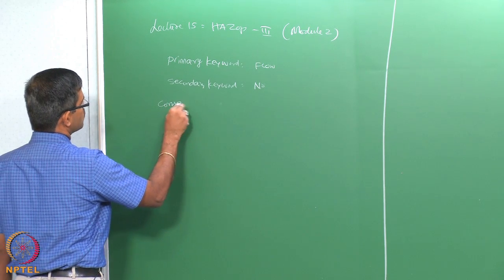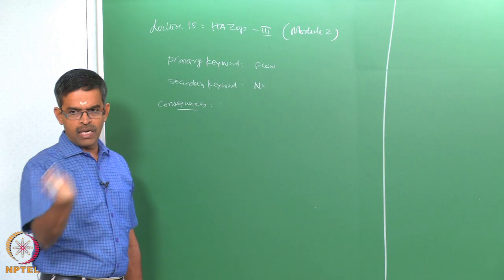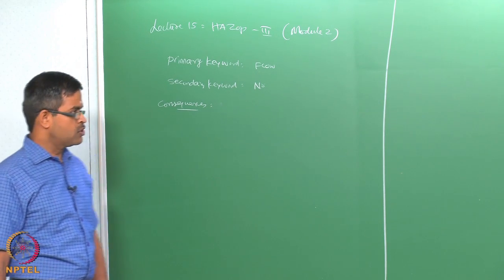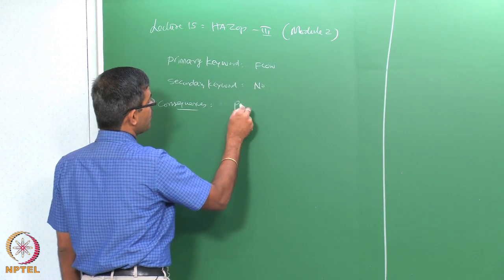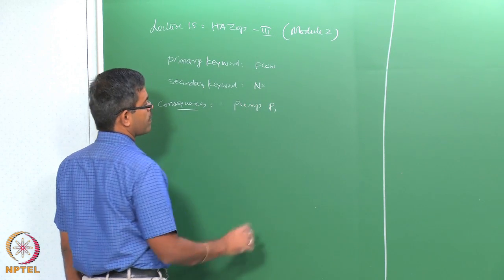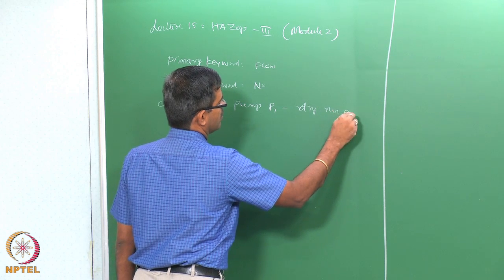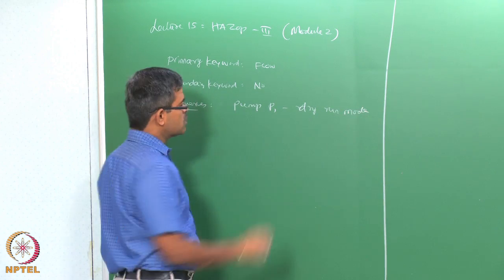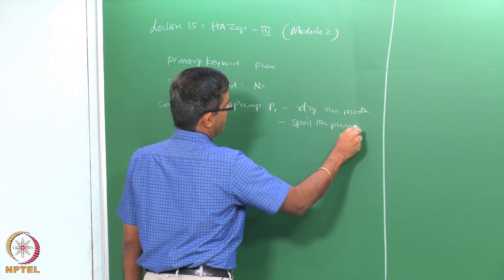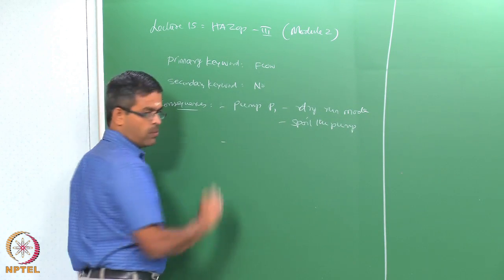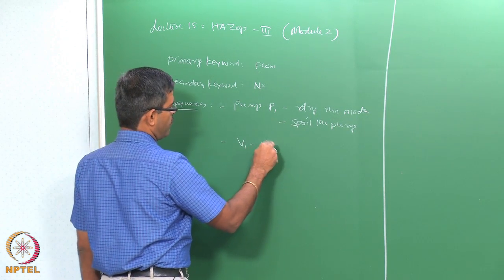If you recollect the figure we showed on the screen previously, the pump P1 will enter into a dry run mode, which will spoil the pump. If there is no flow in the line, obviously tank V1 will not be filled up.